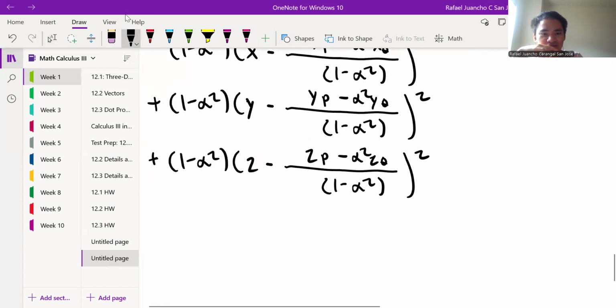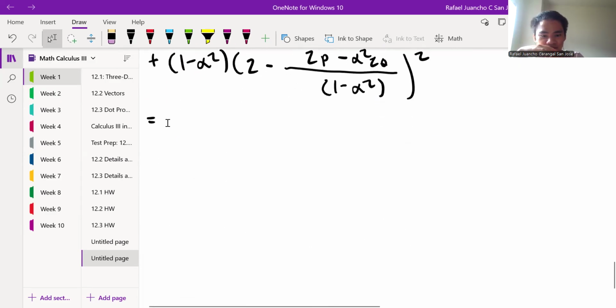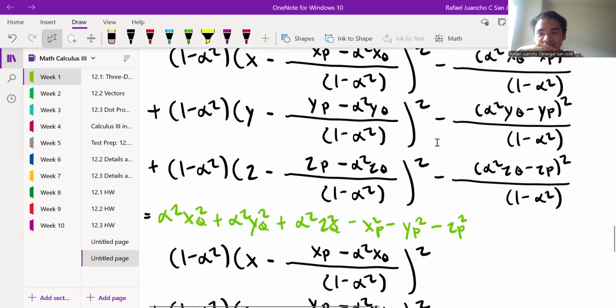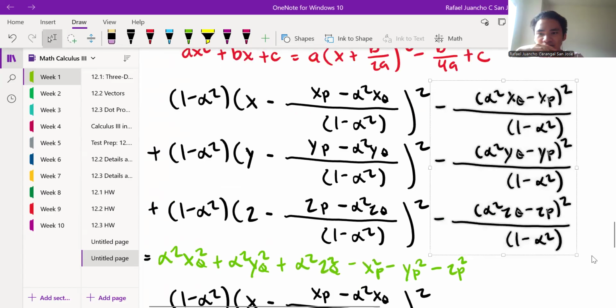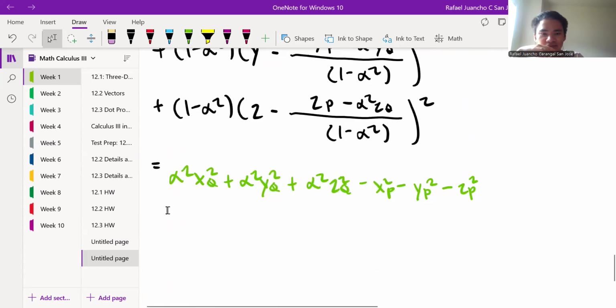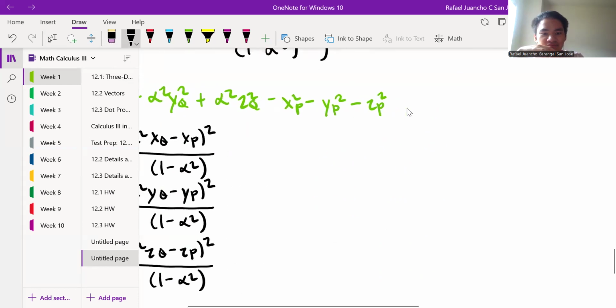We equate it to this thing. Right? And then we add these guys here. So we add them right about there. Yeah, so I'm gonna add this thing, add this thing, add this thing.